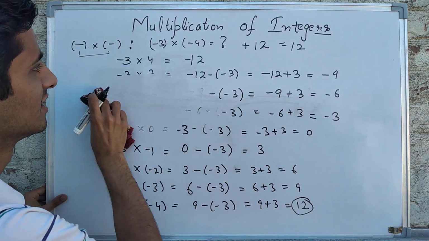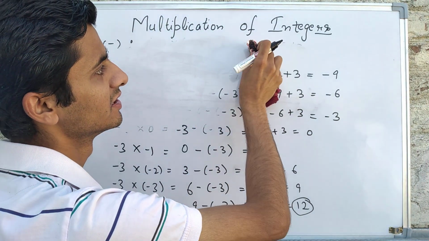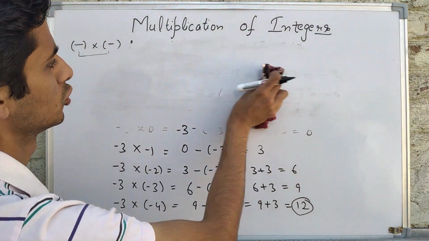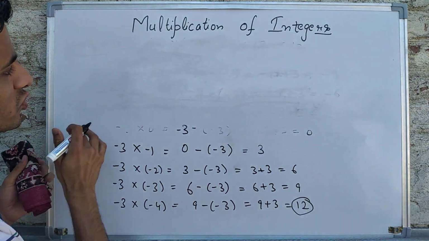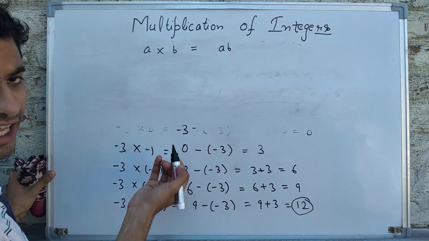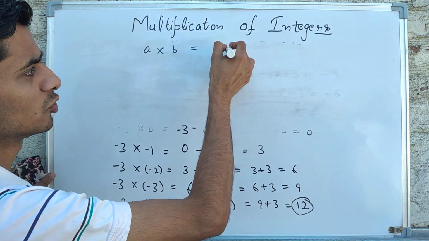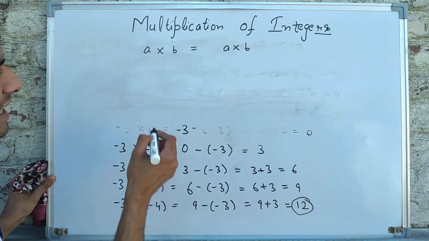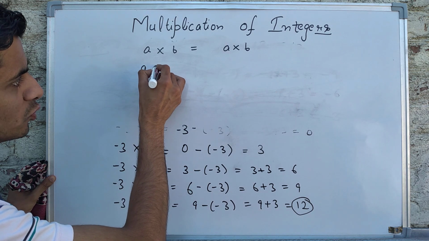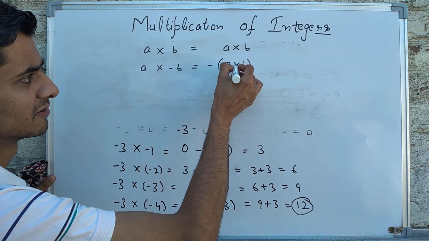So far, the different cases we have learned: if you multiply two positive integers, suppose you are multiplying a and b, the result will be ab. Whatever comes after multiplication, a into b remains a into b only. If you have a into negative b, you multiply a and b and add a negative sign.